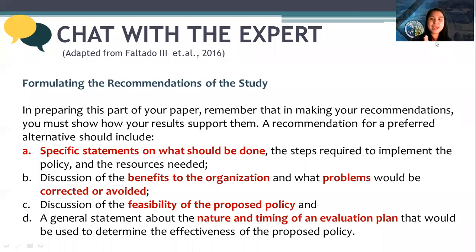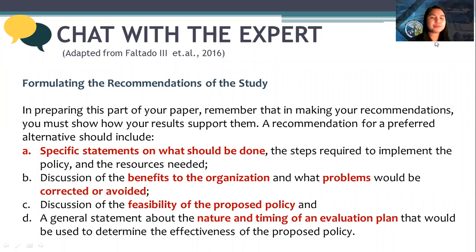We base the recommendations on the results of your study. So for example, number one, based on the results of my study, what specific statements should be done? Or what policy should be done?